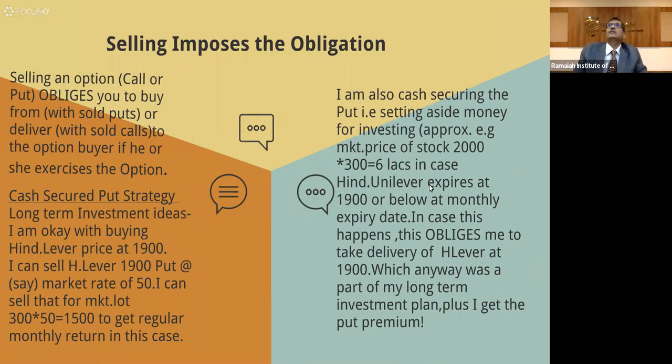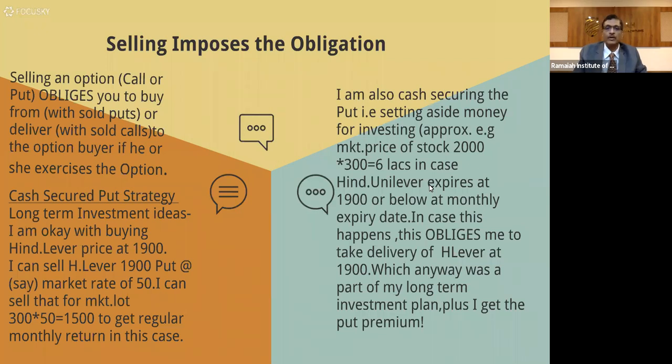What is this strategy? To give you the context, as a proper investor or as a sensible short-term or long-term trader, I would like to have a portfolio of blue chip companies, for example, let's say Hindustan Unilever.